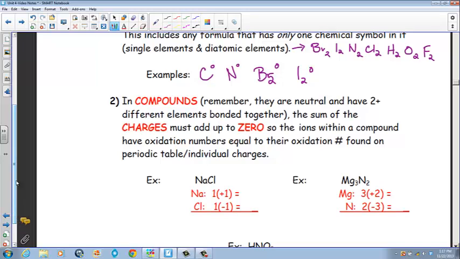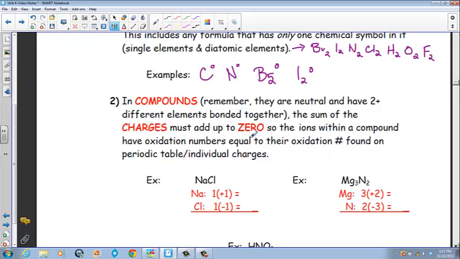So when we are talking about compounds, we have to look at their charges in the upper right-hand corner of the reference table. So in compounds, remember, they are neutral and have 2 or more different elements bonded together. The sum of the charges must add up to 0.